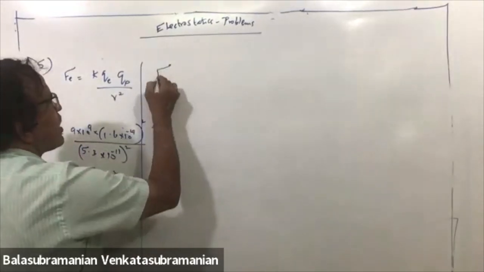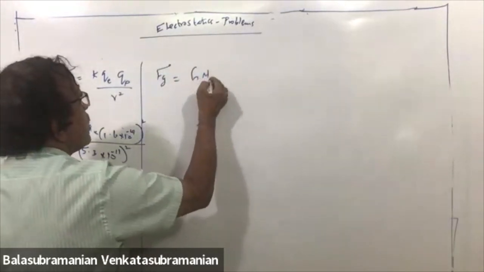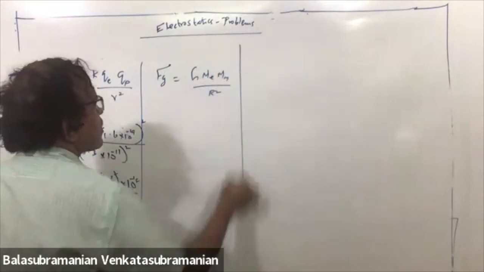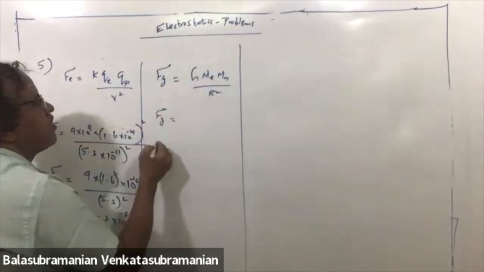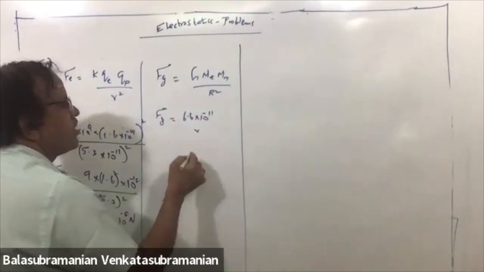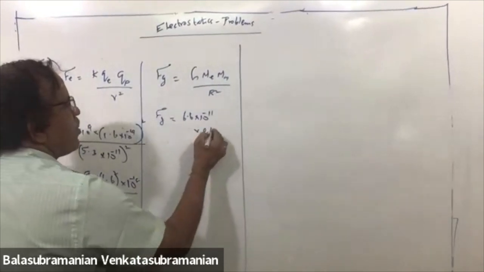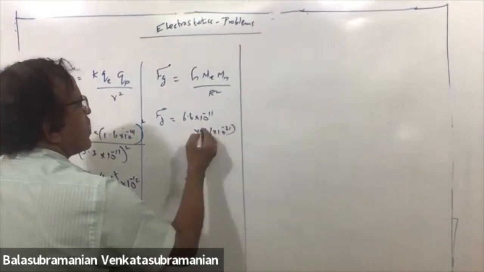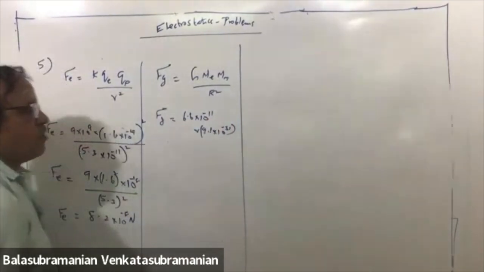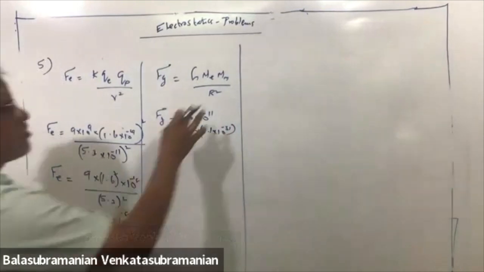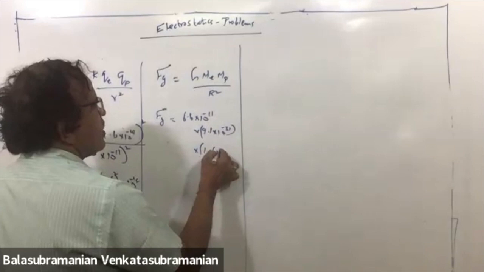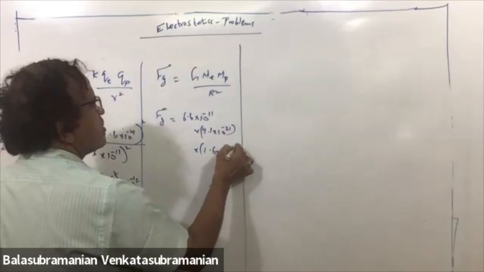Similarly, you have to calculate gravitational force. G, mass of the earth, mass of the moon by R square. 6.6 into 10 power minus 11. Electron mass 9.1 10 power minus 31. Mass of the proton 1.67 into 10 power minus 27.